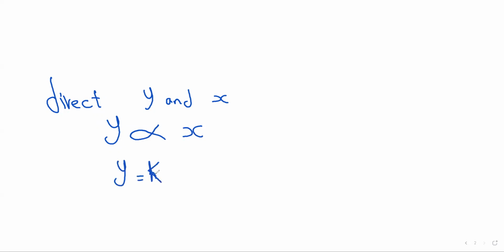So in the direct variation, if we have two variables like y and x, y changes directly as x, and y equals mx, or y equals kx. K is a constant. And x1 over x2 equals y1 over y2.